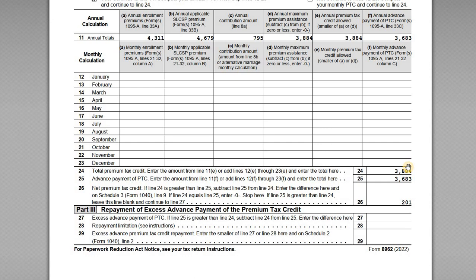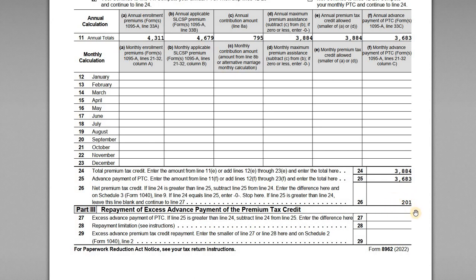In our case, because line 24 is greater than 25, the $201 is going to be an extra tax credit for us. Effectively, what that means is that when Jane estimated her income to get the advanced premium tax credit, she probably overstated it a bit, which means that the amount of the advance payment should have been more.